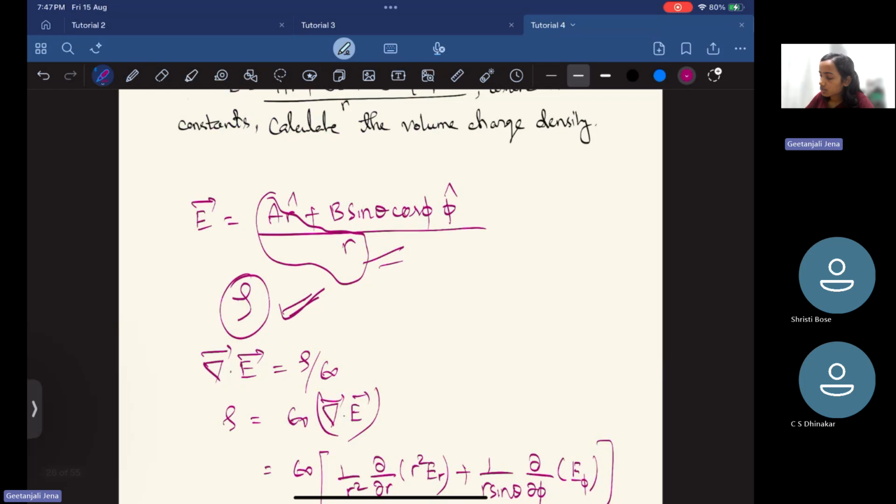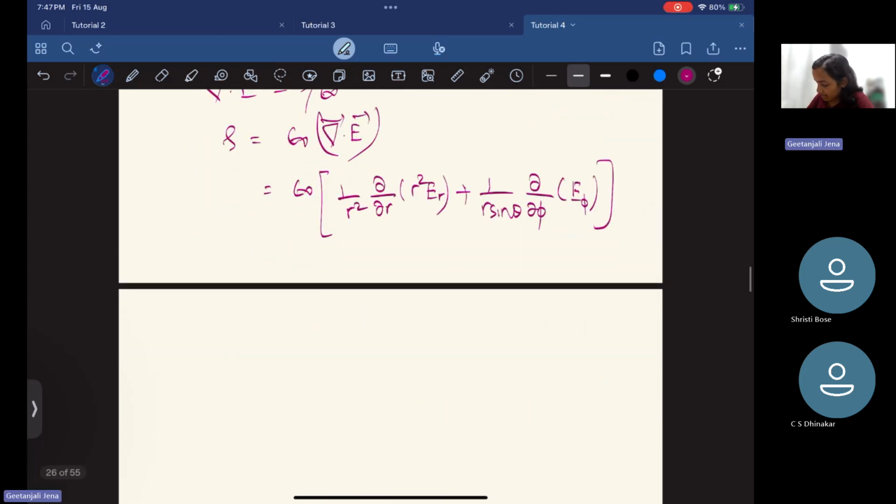Er is A by r and E phi is B sin theta cos phi by r. Use this and let me write the final expression. This will come out as epsilon naught times (A minus B sin phi) by r square.